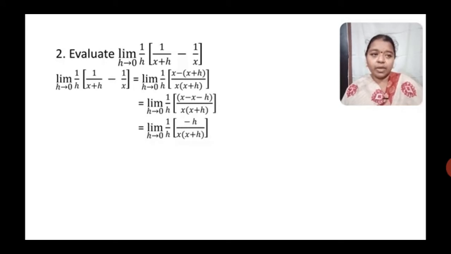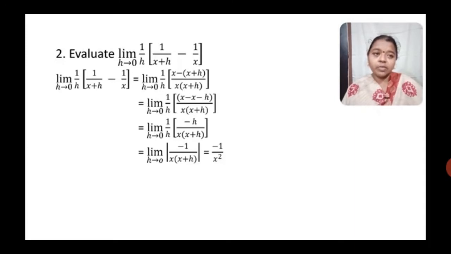After that, you have limit h tends to 0, 1 by h into minus h divided by x into x plus h. When we look into this term, we have h in the numerator as well as in the denominator, so both of them get cancelled. So the next step is, we will be getting limit h tends to 0, minus 1 divided by x into x plus h.